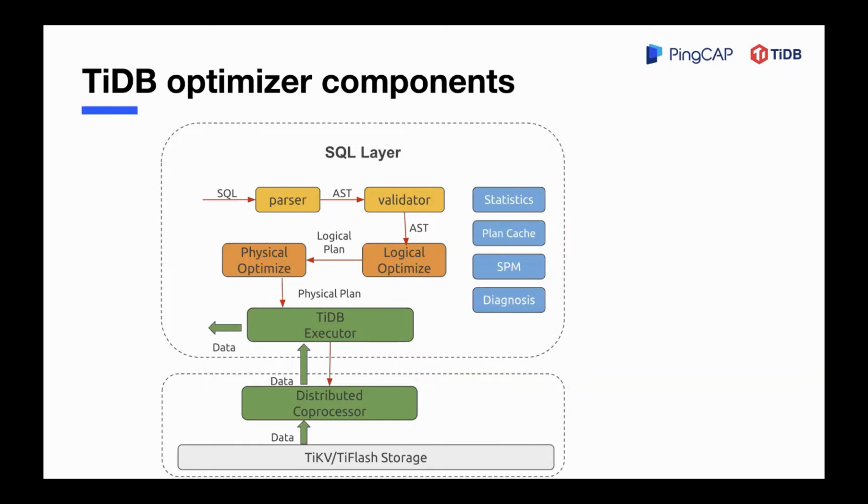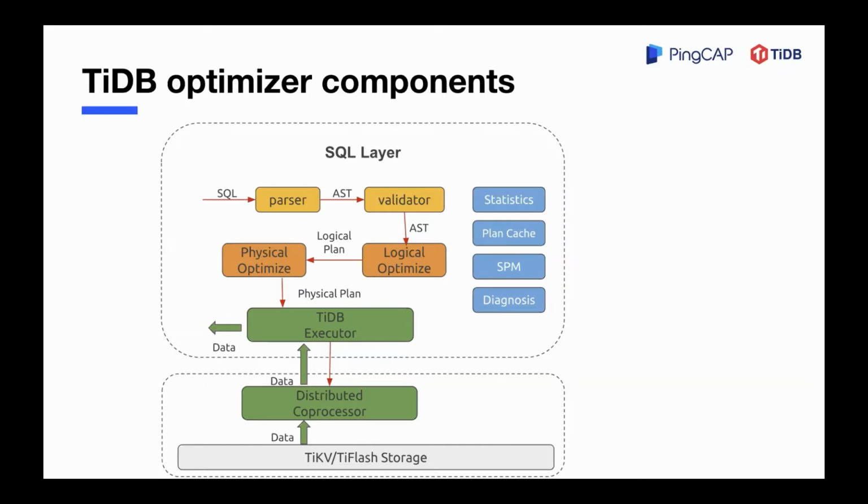For example, for the join, we need to find the best join method for the join node. Also at the physical optimization stage, we do the cost calculation for each plan option, and then we find the best plan. The best plan will be sent to the TiDB executor to execute.